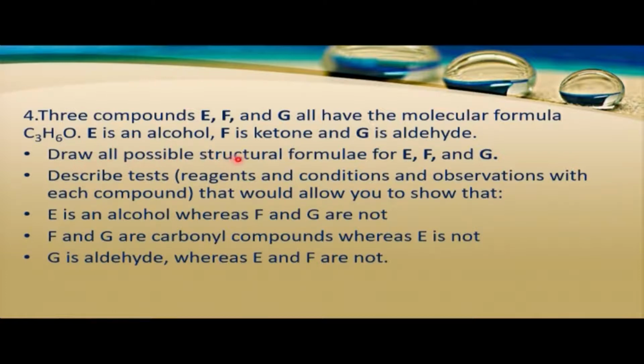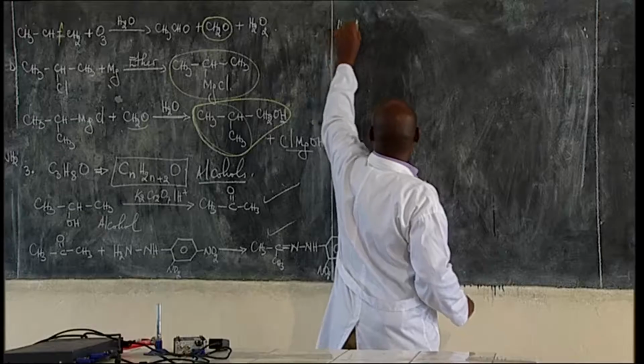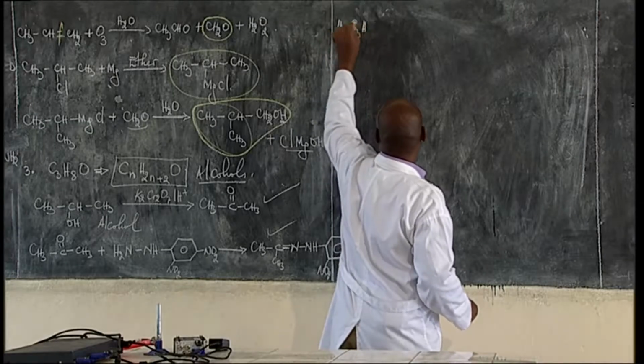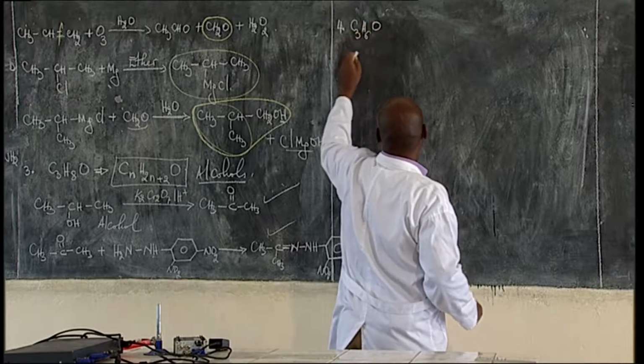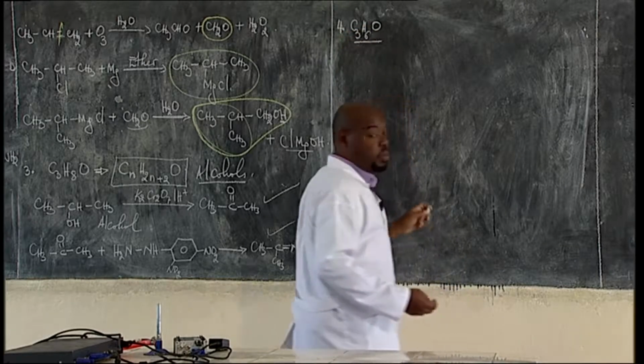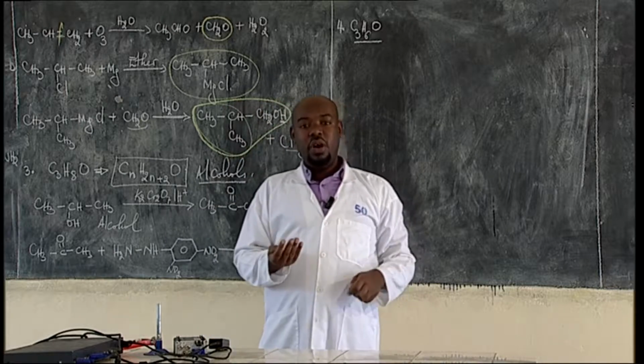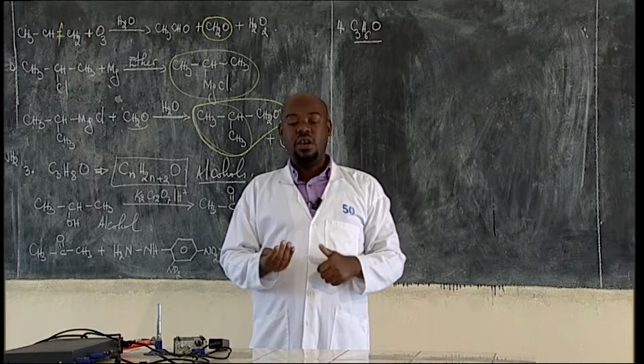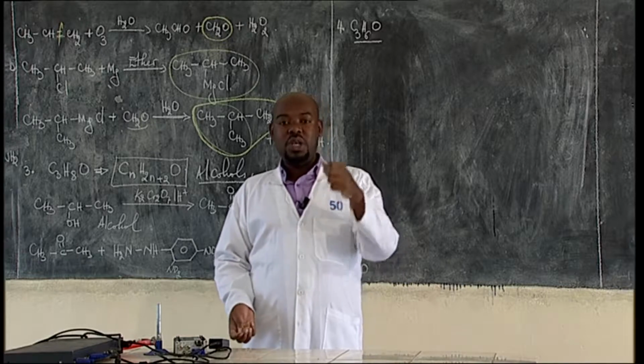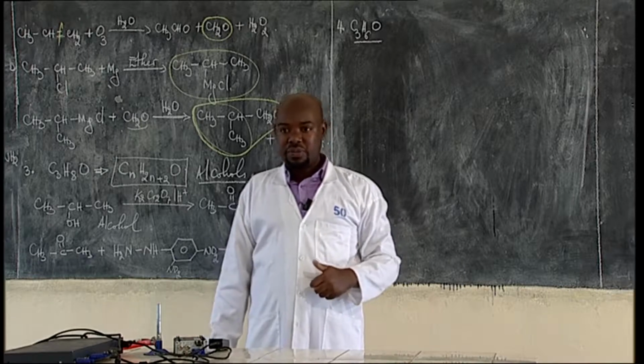Draw all possible structural formulae of E, F, and G. The molecular formula is C3H6O. This can represent an aldehyde, a ketone, or an alkenol, an alcohol which contains a double bond.